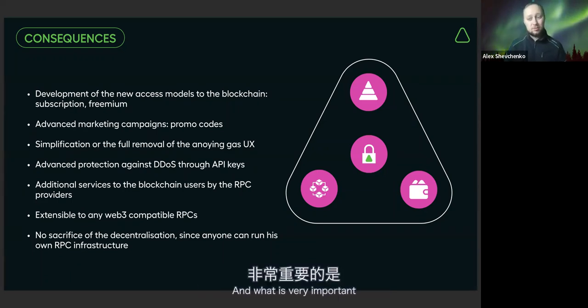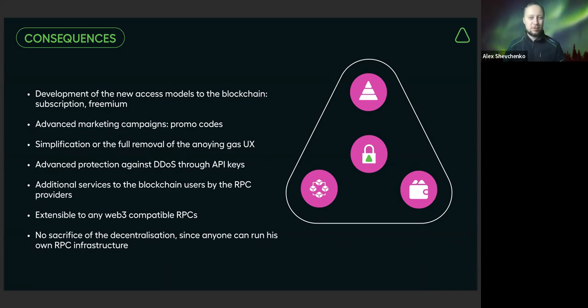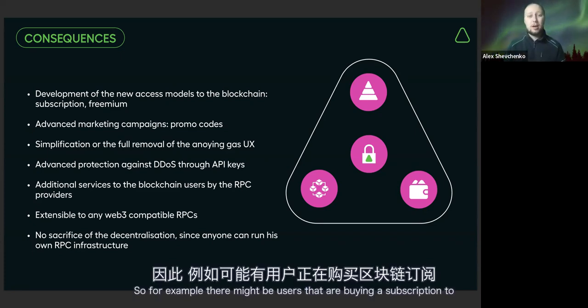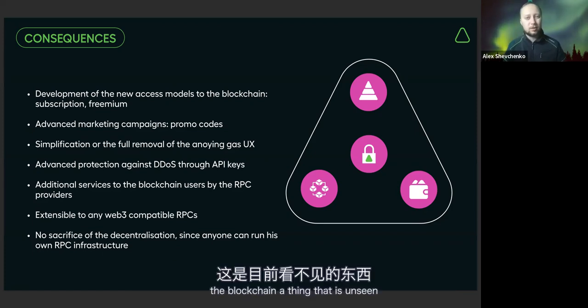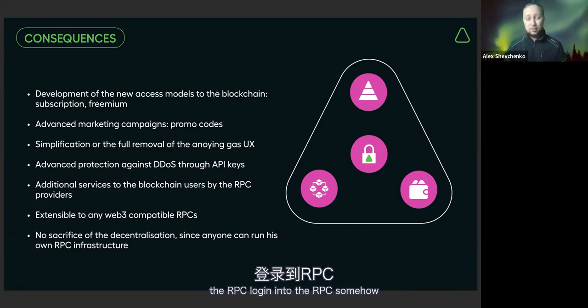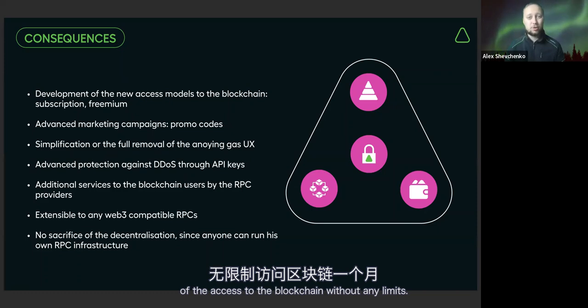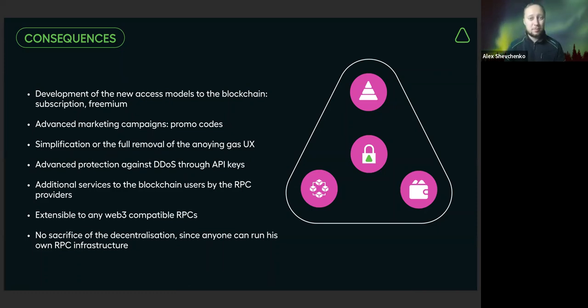And what is very important, the RPC can introduce different deals to different users. So for example, there might be users buying a subscription to the blockchain, a thing that is unseen at the moment. A user can come to the RPC, log in somehow, add his credit card, and pay $100 for one month of access to the blockchain without any limits.